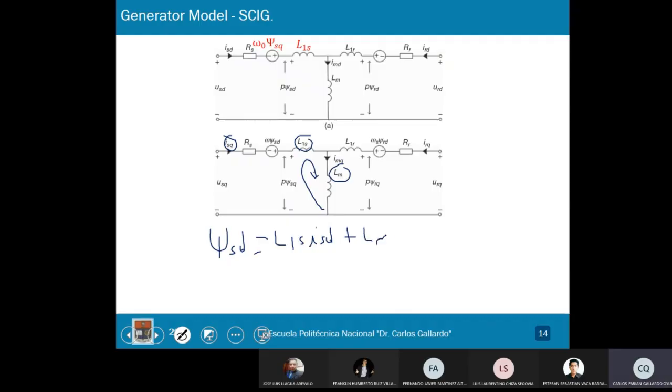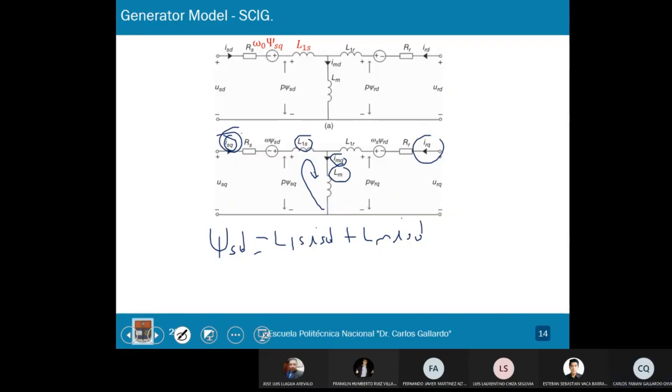the magnetizing inductance times this current, and this current, applying Kirchhoff current law, is the sum of this current plus this current.